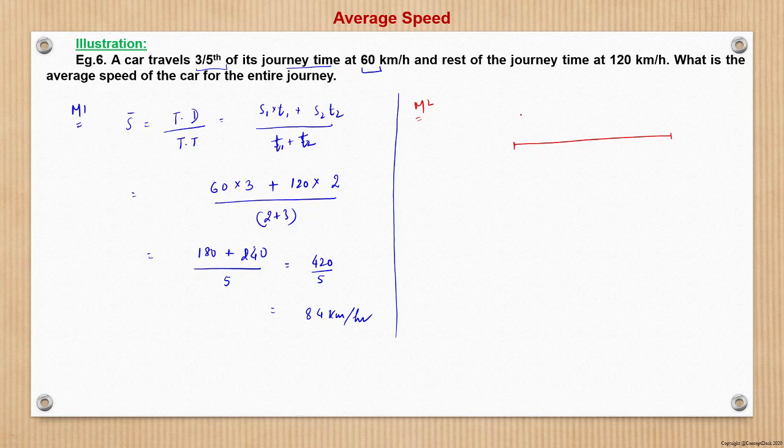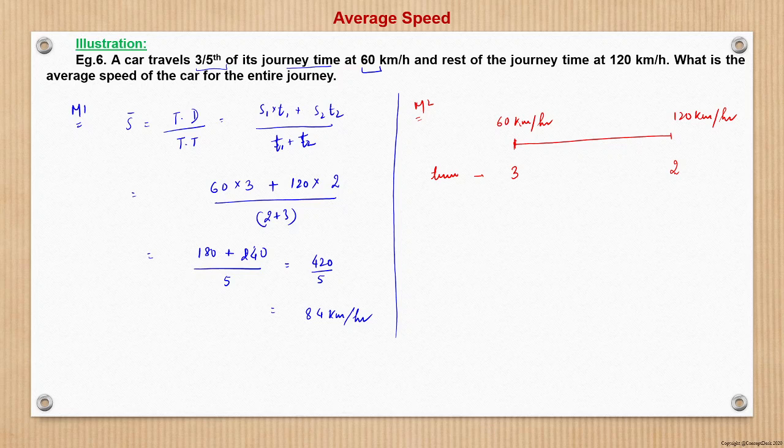Now see, first speed is 60 kilometer per hour and the second speed is 120 kilometer per hour. Here is a time axis, right? We have seen, and time is given here. The ratio of time is already given, 3 is to 2. So we need not consider, right?